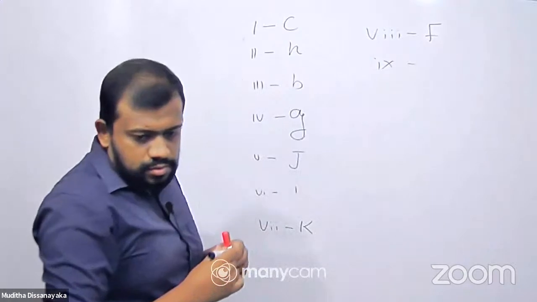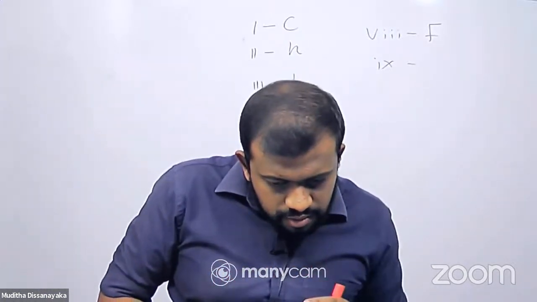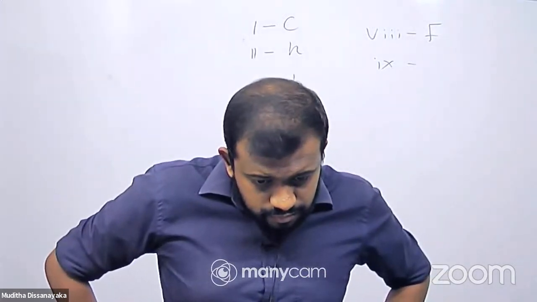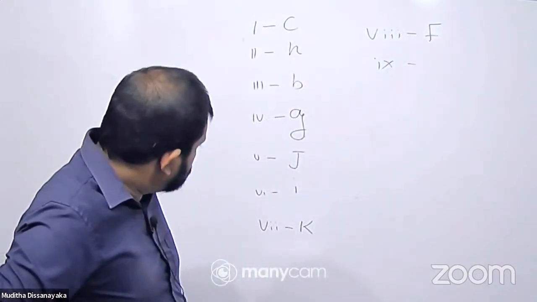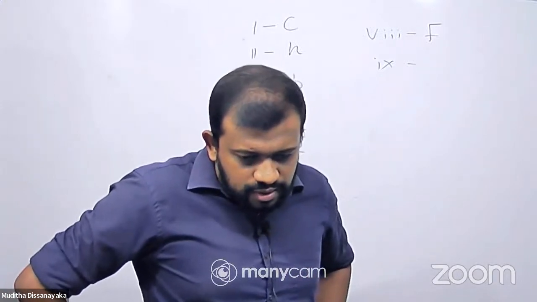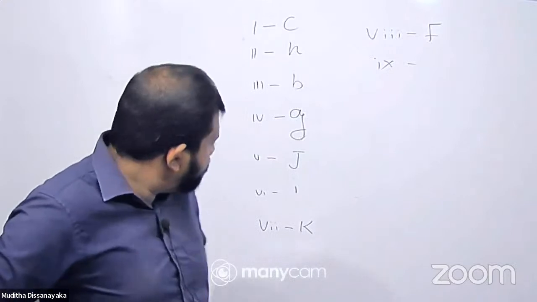Ninth one. An example for a vector. Sorry. Sixth one, this method is used to separate various fuels from crude oil.